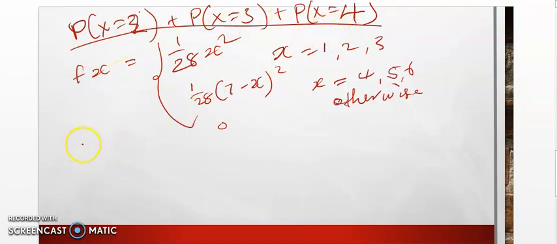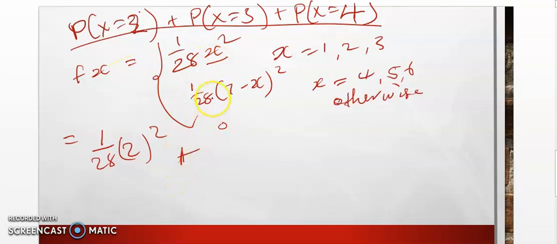So x is equal to 2, meaning it is 1 over 28, and since x is 2, it is 2 squared. We are evaluating this because 1 over 28 x squared applies when x is 1, 2. So we square 2, where 2 represents the value of x.